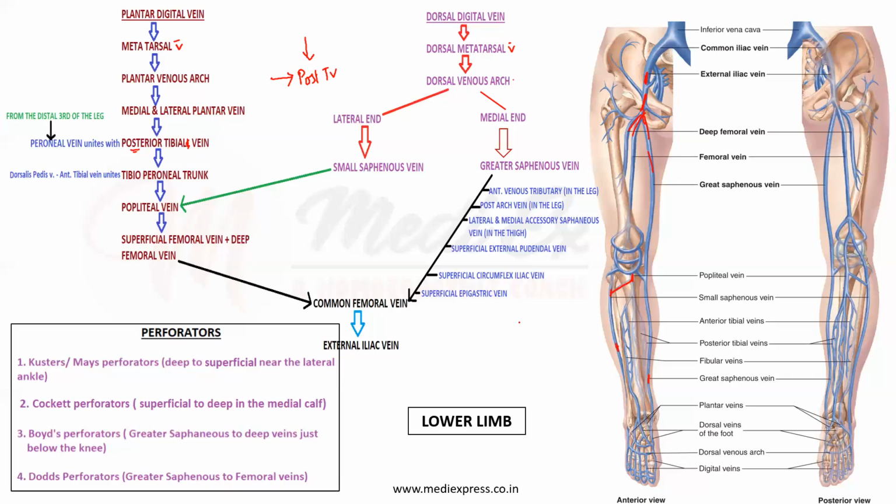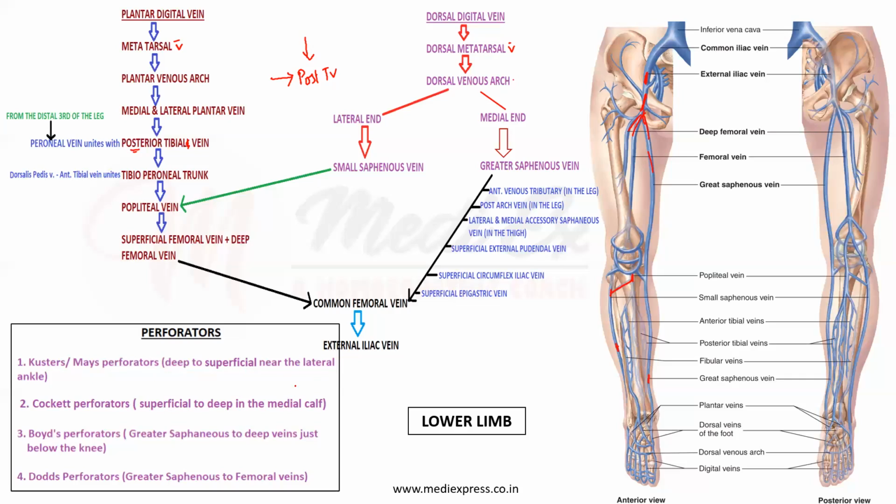Now, one question which has been repeatedly asked is about the perforators in the lower limb. Remember, we have Cockett's or May's perforators, a very important one. This is deep to superficial, and it is near the lateral ankle. It's the only deep to superficial perforator.